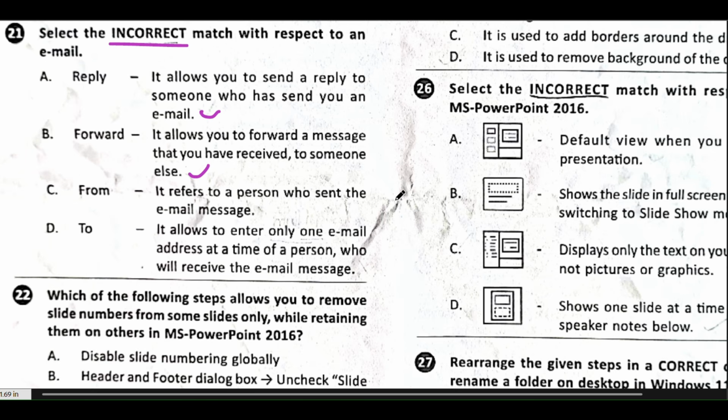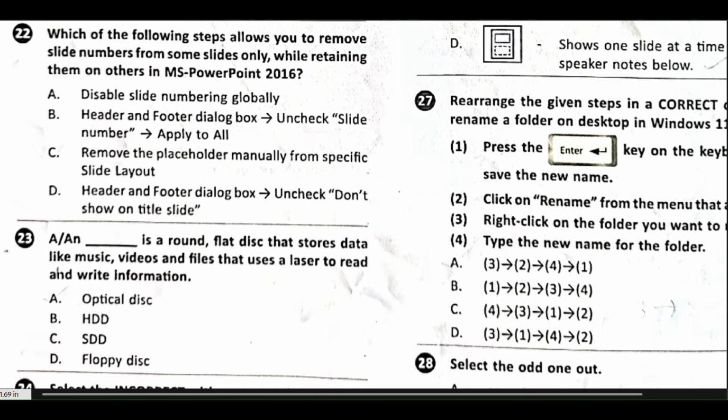It refers to a person who has sent the email message. This is also correct. D. To. It allows you to enter only one email address at a time of a person who will receive the email message. No, in the To option you can send it to multiple people at a time. So option D is the correct answer.